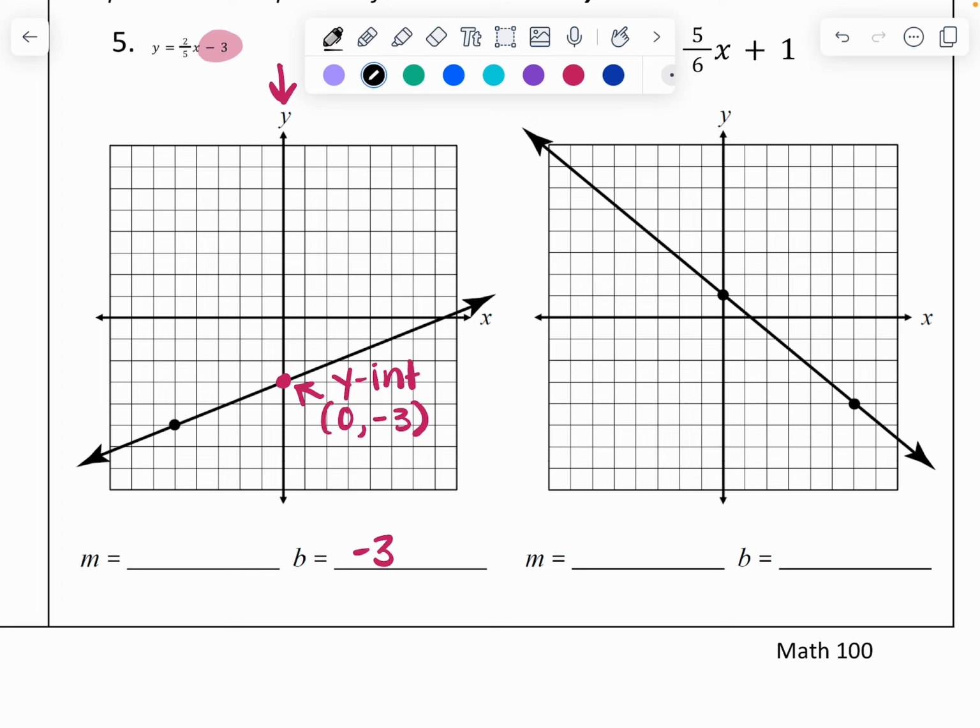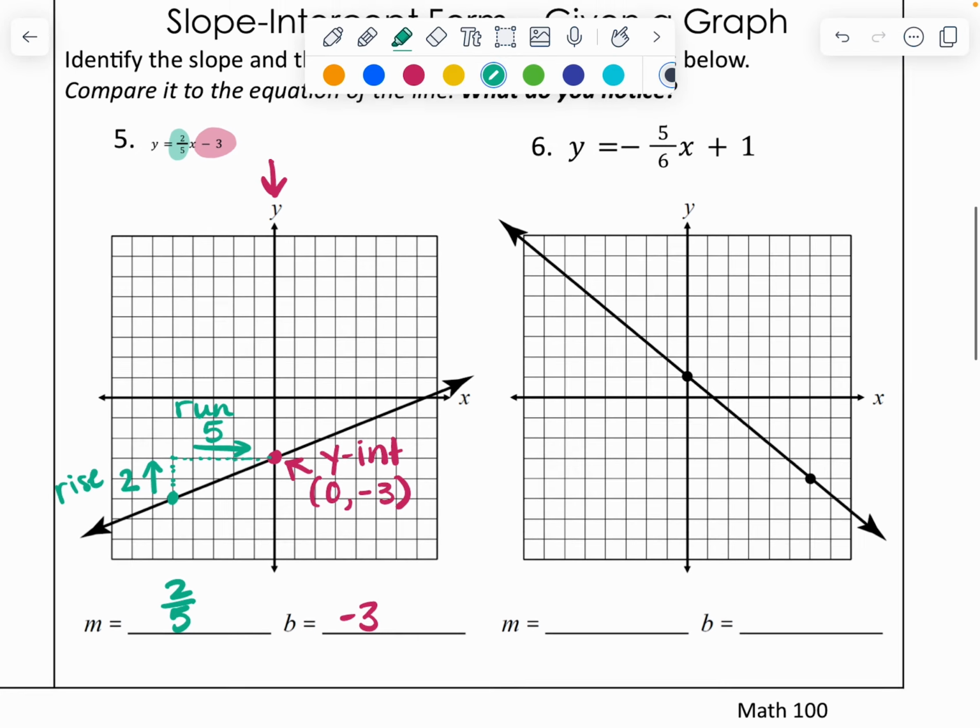So here's my other point. And now I'm going to calculate the rise over run. So to get to the next point, I would have to go up 2. That's my rise. And over 5. That's my run. So m is 2/5. And we can confirm that with the equation above.